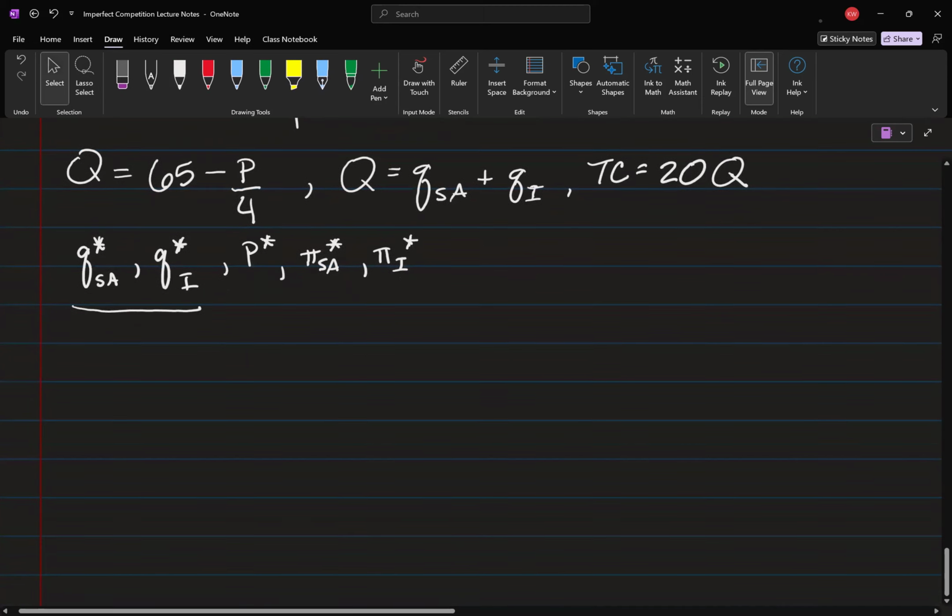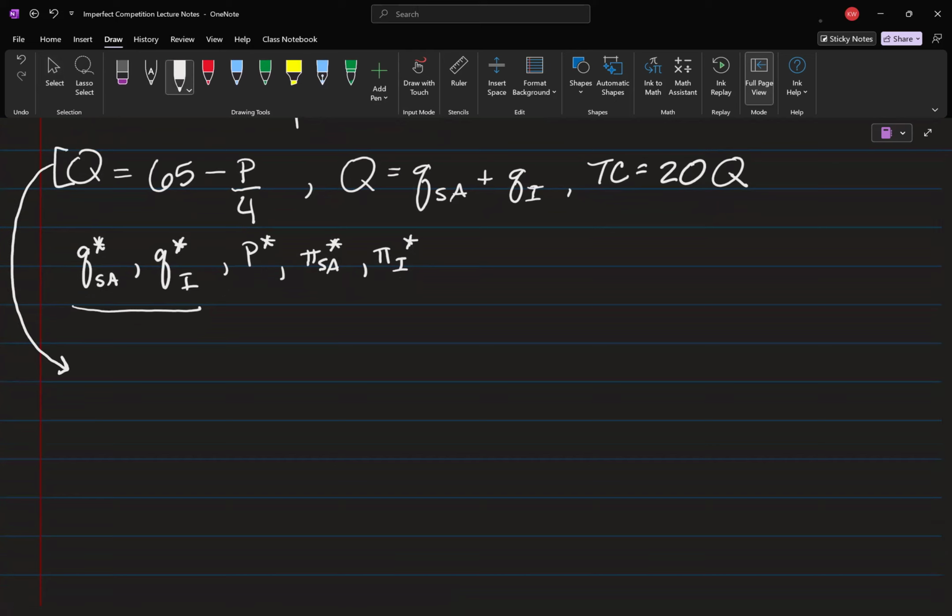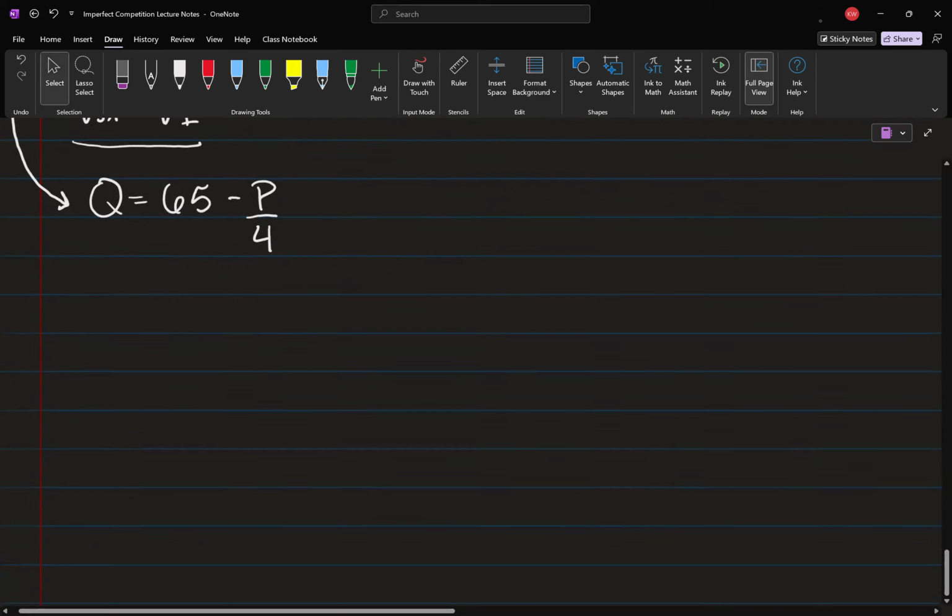So first things first, we want to transform the market demand curve such that it is solved for price, right? We want to have that inverse demand function. So let's rewrite our given demand equation: quantity equal to 65 minus the price over 4.